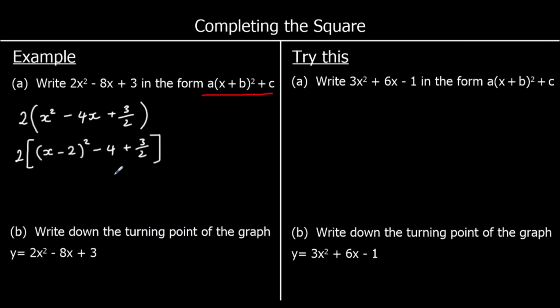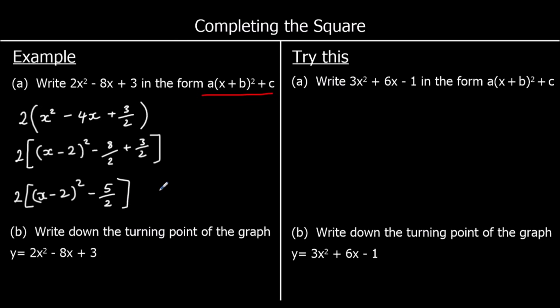So let's simplify this. I'm going to change 4 into 8 over 2. And then I can add the fractions. So I've got negative 8 over 2 plus 3 over 2, which is negative 5 over 2.